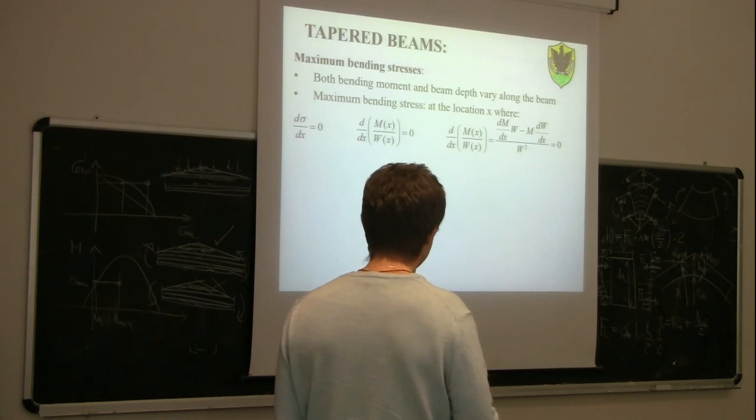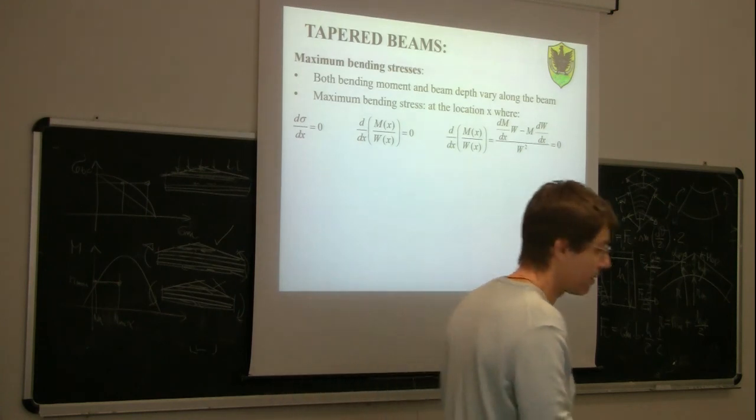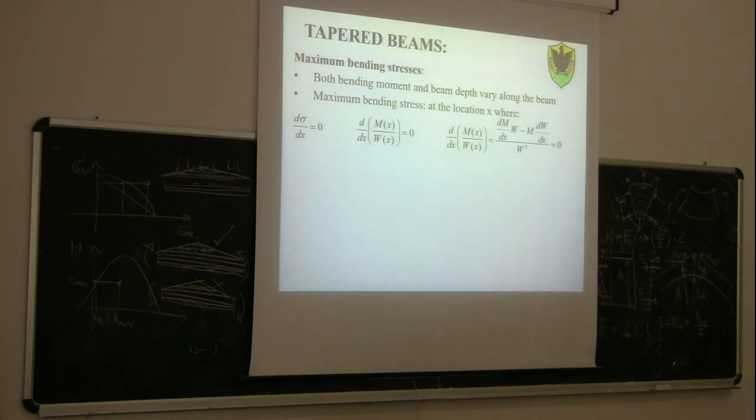Since the bending moment varies with a quadratic distribution along the beam, but also the section modulus varies along the beam, because we said that the depth is different, we need to use the rule of derivation where the first derivative of a quotient is the first derivative of the numerator times the denominator minus the numerator times the first derivative of the denominator, all divided by the denominator squared. This is a well-known rule that we study in math.